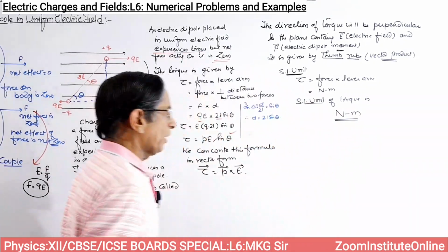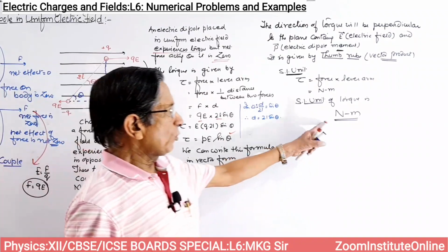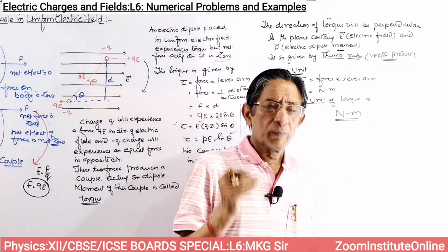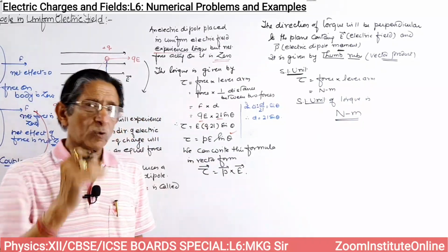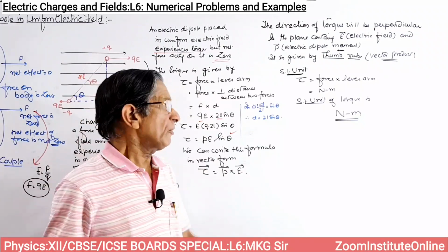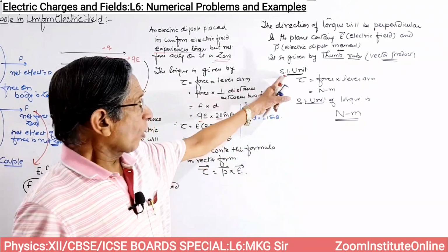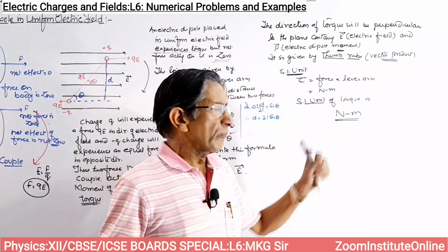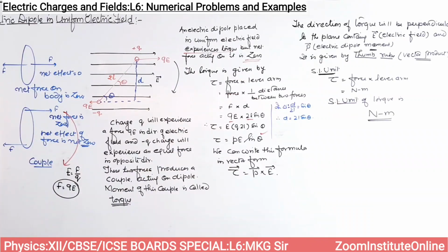Please listen carefully. Newton meter may also be called joule, because 1 Newton into 1 meter is called 1 joule. But we shall write it Newton meter so that we can distinguish between the two physical quantities. If I write here joule, you people cannot distinguish between torque and work. So to distinguish between torque and work, torque is always given in Newton meter, and students, work is always given in joule.